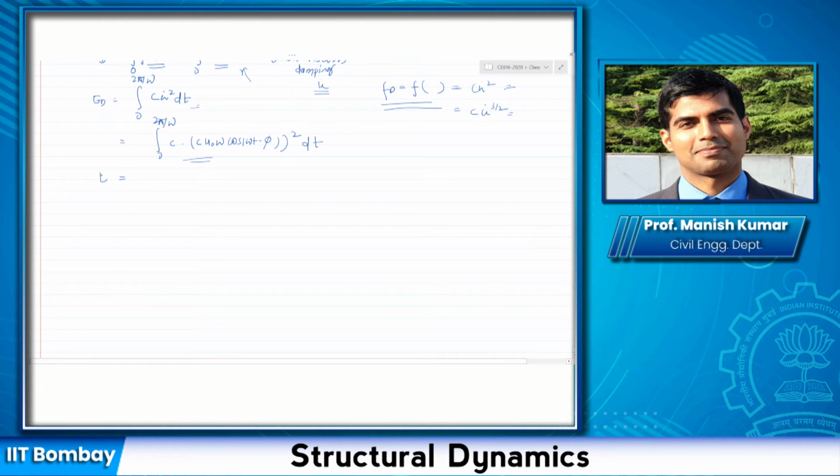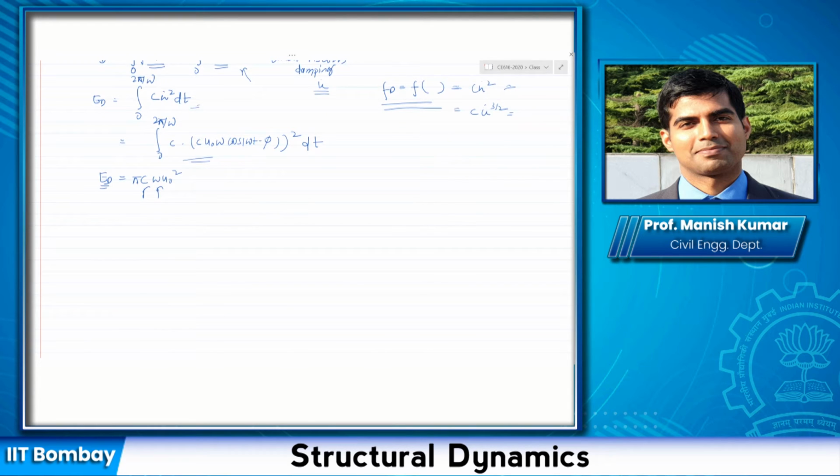So the energy dissipated due to damping comes out to be C omega u naught squared, and there would be a pi term here as well. So energy dissipated due to viscous damping depends on C, which is the damping coefficient, the excitation frequency omega, and the amplitude of the motion.